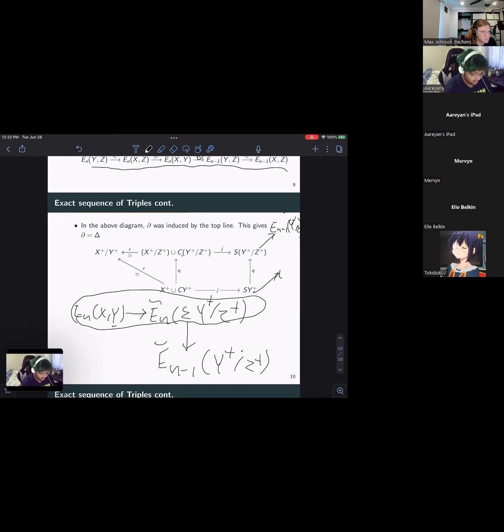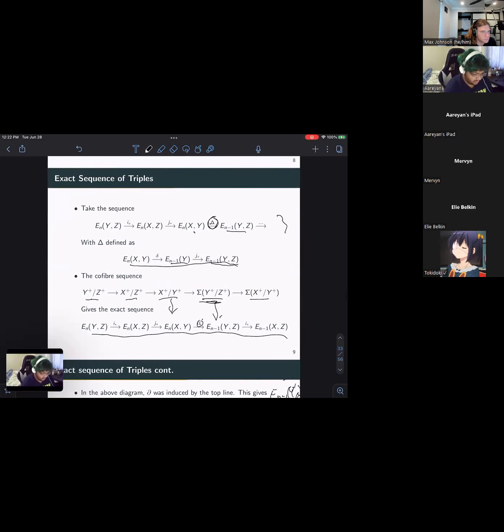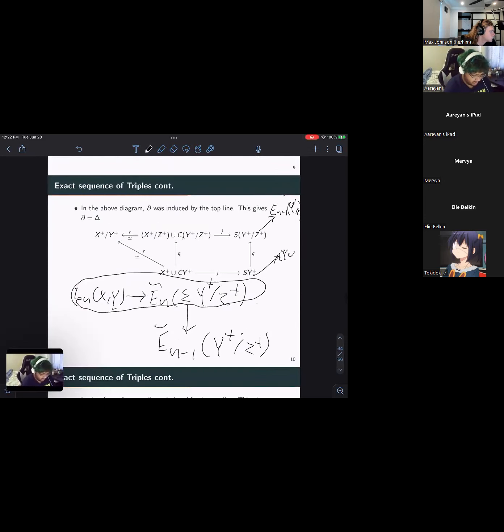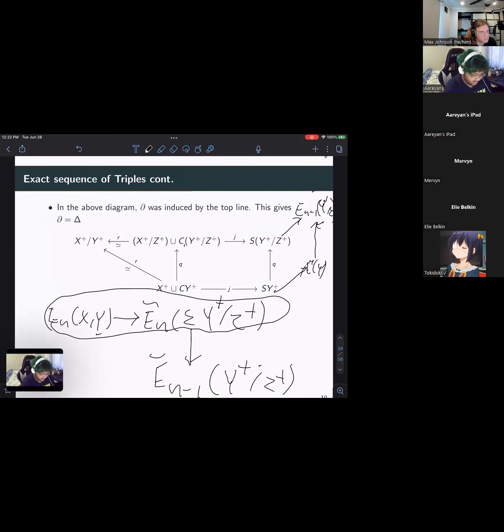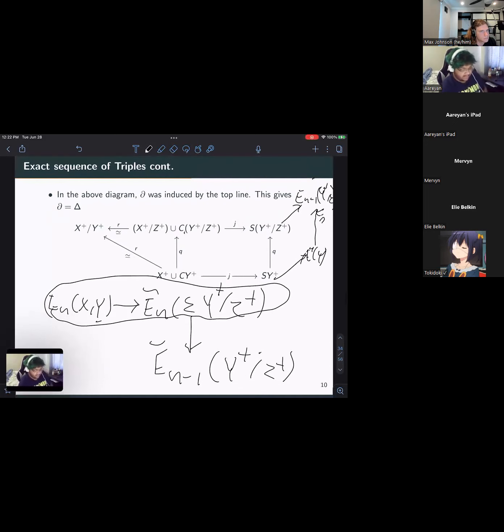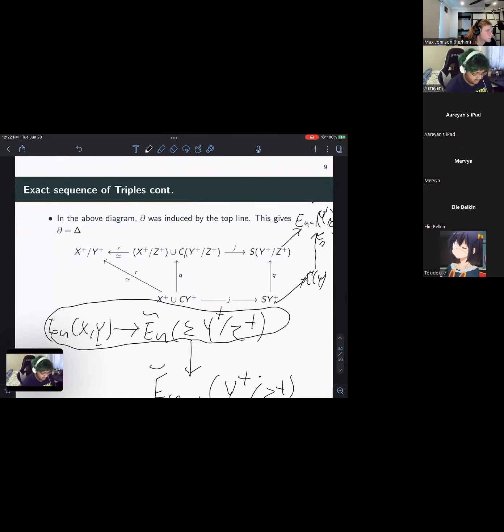To get E_n of Y up here, and then I have that inclusion map j. Basically what this diagram is telling me is that if I go through here, it's the same thing as if I go through here.